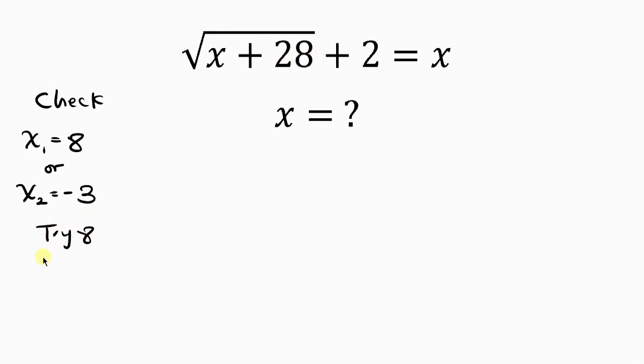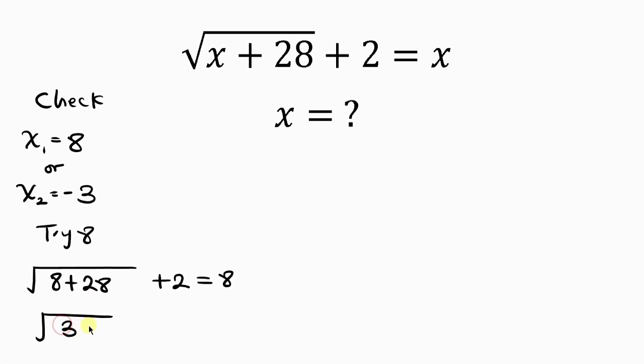So on the left, we have the square root of x plus 28, and then plus 2, equal to x. X this time is 8. So this results to 8 plus 28 is 36, plus 2 equal to the right-hand side, 8.